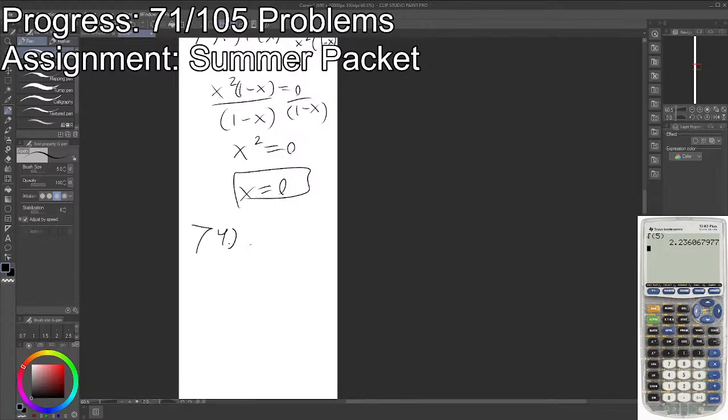Horizontal asymptotes. So wait, let me guess. Set the numerator equal to 0? Or no, just set y equal to 0 maybe. Let me check. Alright. Determine the horizontal asymptotes using the 3 cases. If the degree of the numerator is less than the degree of the denominator, the asymptote is y equals 0.